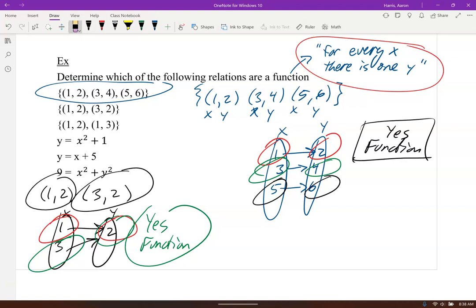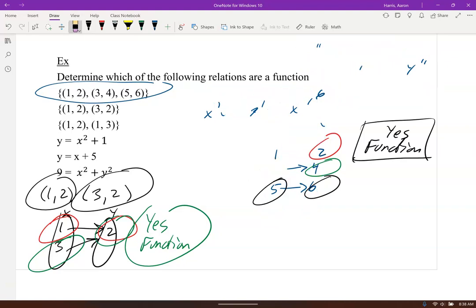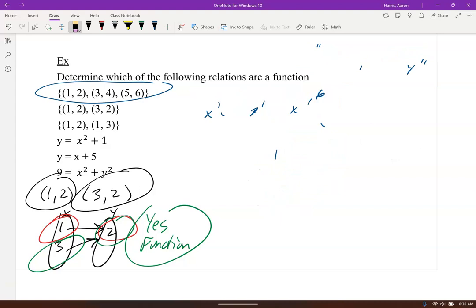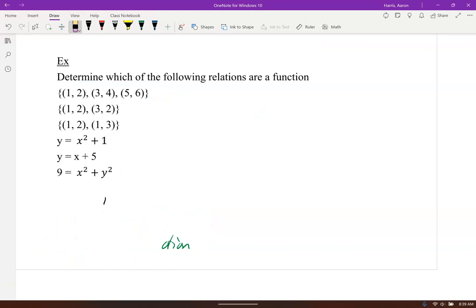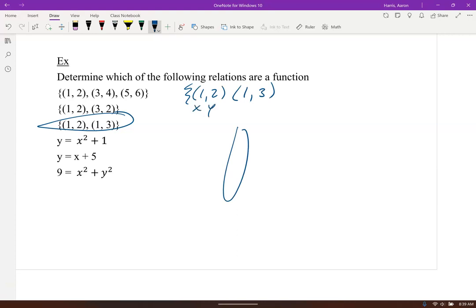1, 2, and 1, 3. Let me erase some of this so I have a little room. Now we're checking the third one here, 1, 2, 1, 3. So I have an x of 1, it maps onto 2, and then an x of 1 maps onto 3.